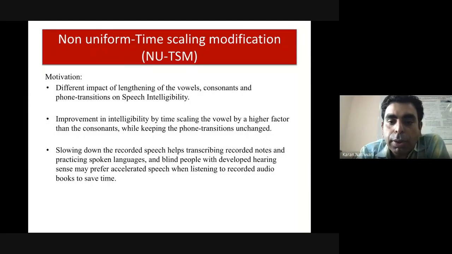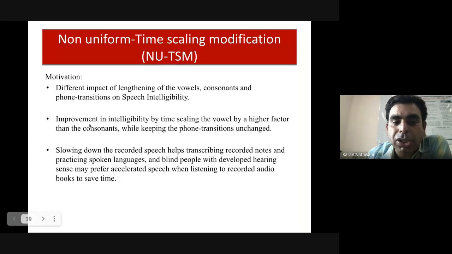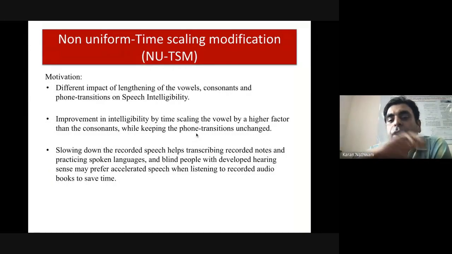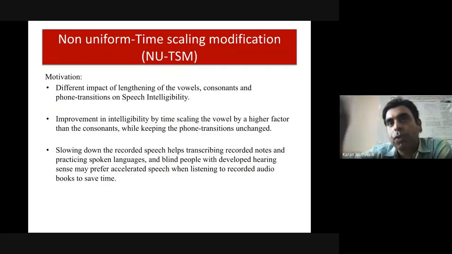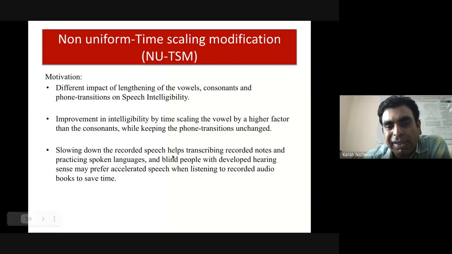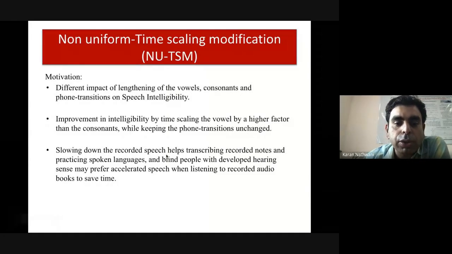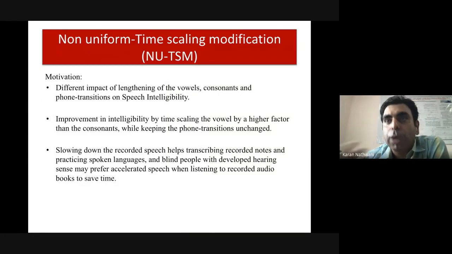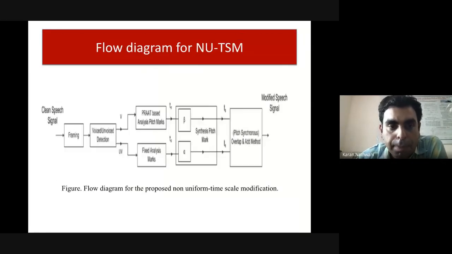It has been clearly mentioned here that by time scaling the vowels, you will have better intelligibility than the consonants. However, you have to make sure that when there's a transition from voiced to unvoiced and unvoiced to voiced, the transition remains the same. And this is what I've already told. Slowing down recorded speech can help to understand recorded notes, and even blind people can make use of it quite beautifully.